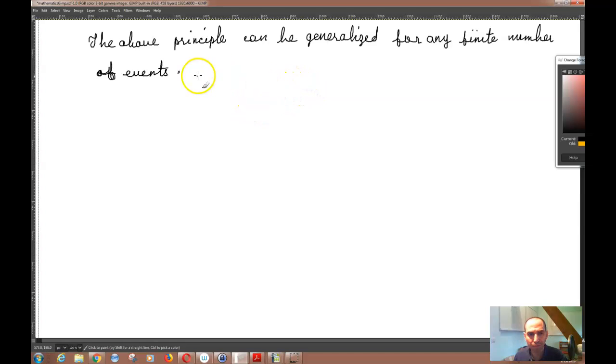For example, for 3 events, the principle is as follows.